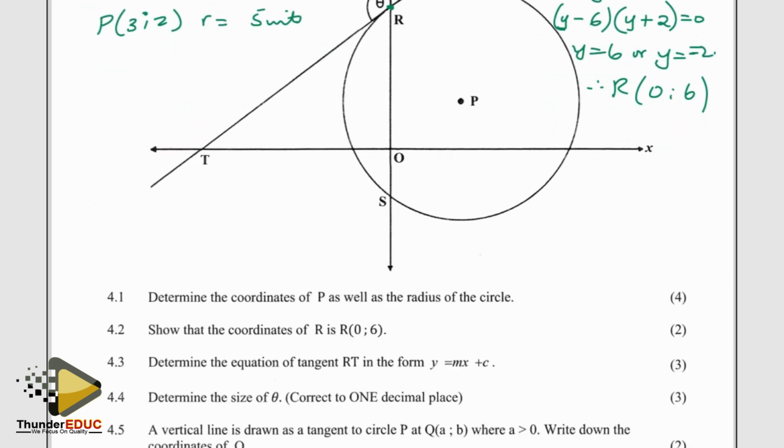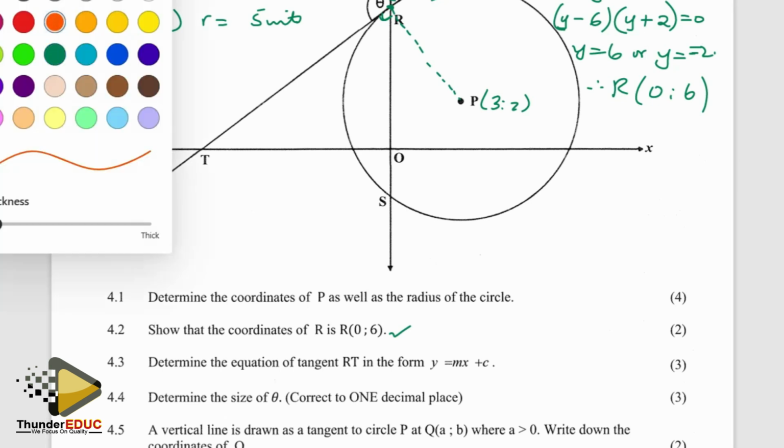Then 4.3, they want the equation of the tangent. Now, when you're determining the equation of the tangent, if I draw a radius here, we say this is (3, 2), and we've obtained this to be (0, 6). What I need to know is that the radius and the tangent are always perpendicular. So I'll need to find the gradient of this radius, and then I'll get the gradient of the tangent.